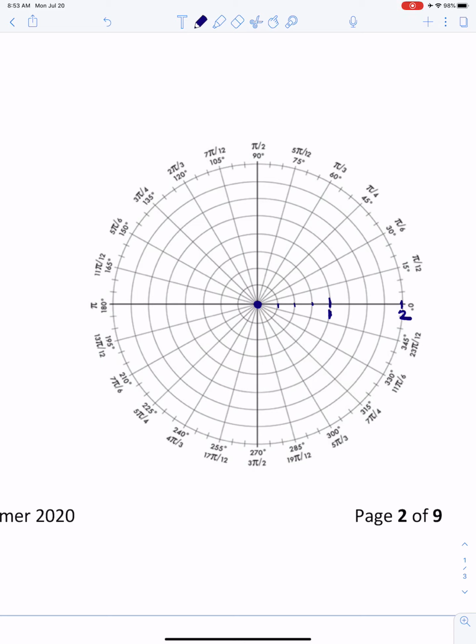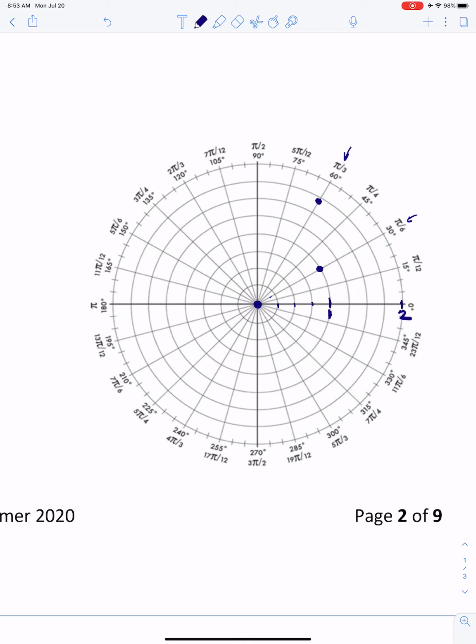When theta was pi over 6, so here's my pi over 6. I had an r of 1, so I'm going out to 1. When theta was pi over 3, so now I'm here. My r was 1.73, so a little less than 1 3/4, so roughly here.